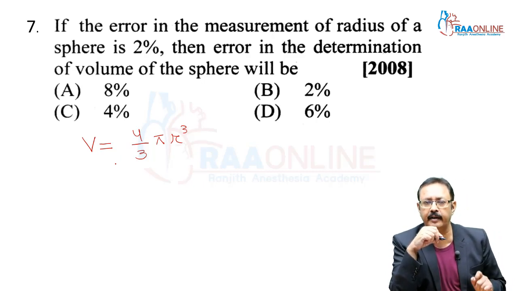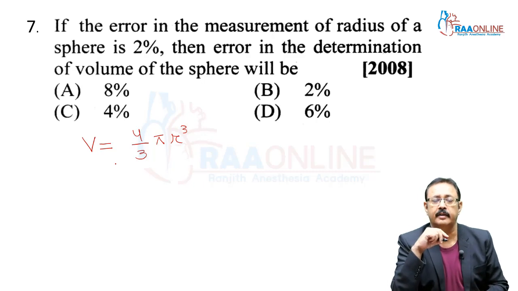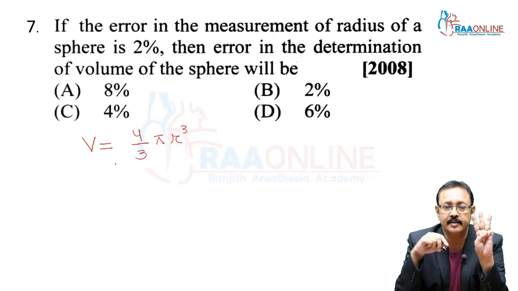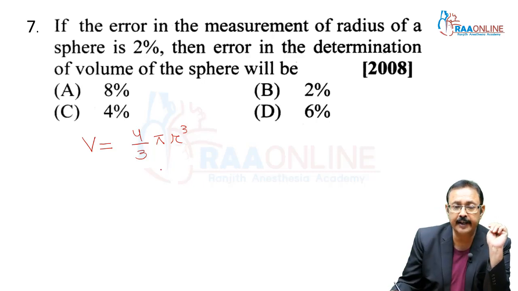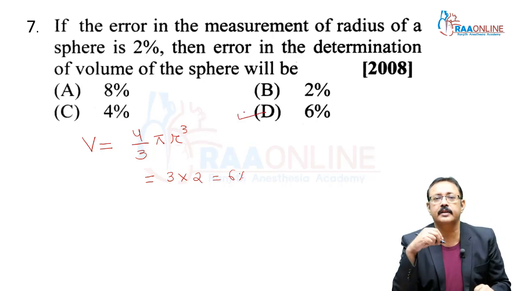You are making error in r, and r has power 3. It means your error will affect thrice. 3 times you will make an error of 2%. So total error should be 3 into 2, 6%. So we are going with D.